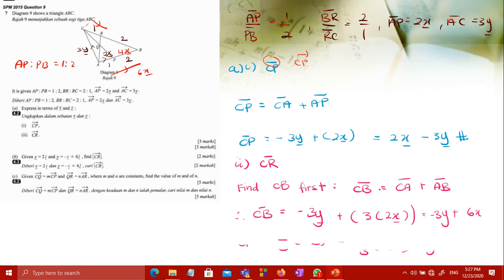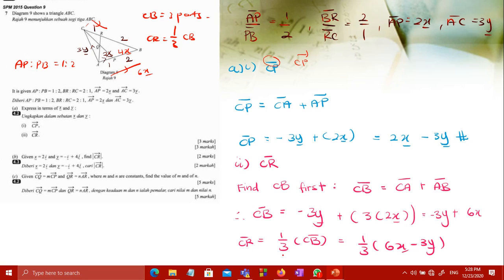And this is not the final answer. This is CB. Our intention is to find CR. We know CR is 1 part out of CB. CB is 3 parts. So CR is 1 over 3 of the whole thing, which is CB. Understand?